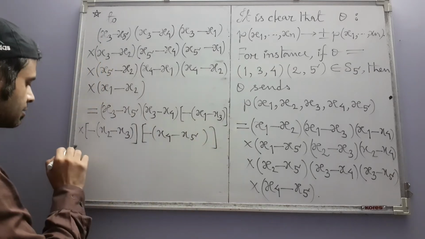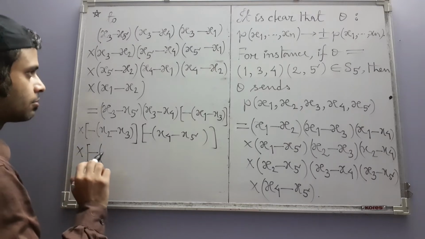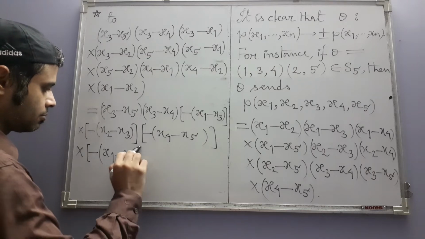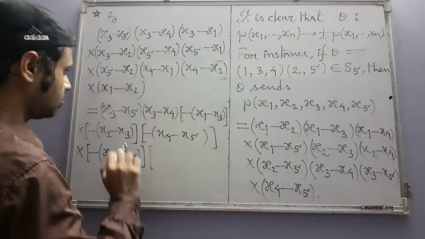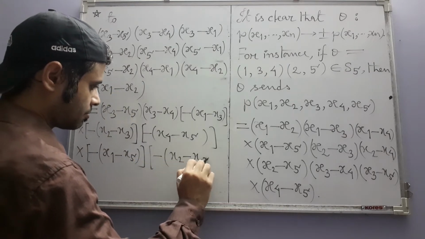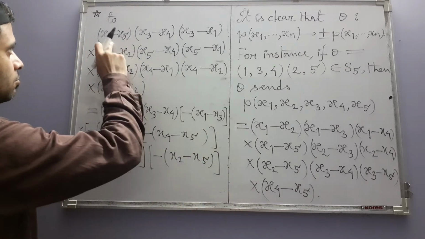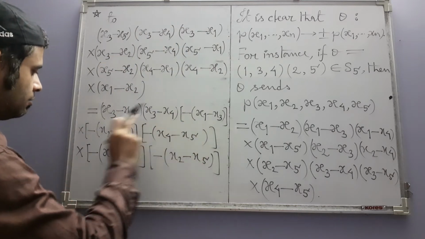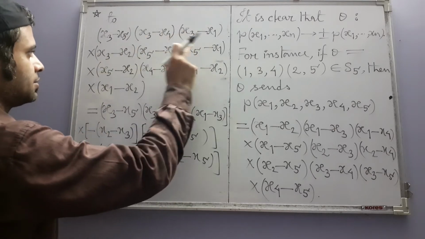The understanding is what we want. Minus x1 minus x5. Okay, then again minus x2 minus x5. 1, 2, 3, 4, 5, 6, 7.